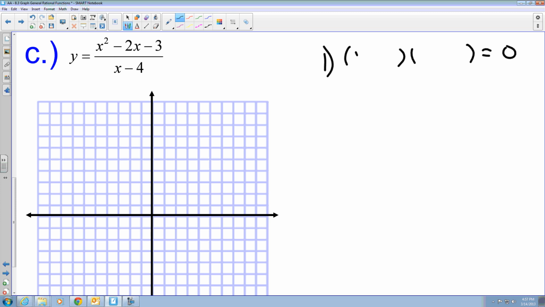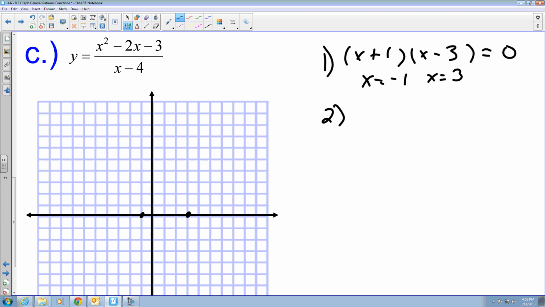It's x and x, plus and minus, and the numerator is going to be plus 1 and minus 3. So if I use the zero product property, I get x equals negative 1 and x equals 3. So I'm just going to plot those points, knowing that my graph is going to cross at negative 1 and it's also going to cross at 3.